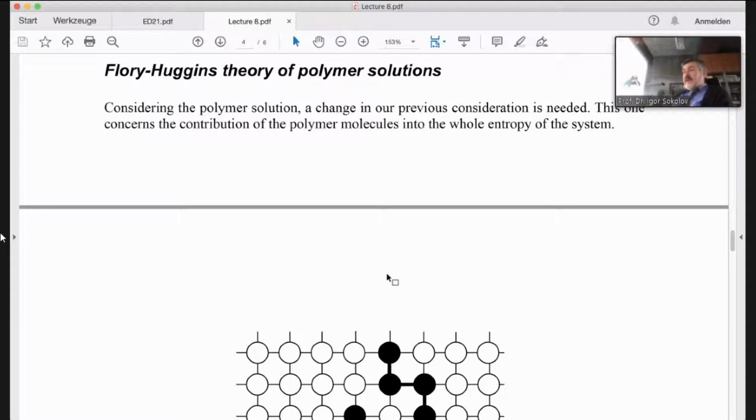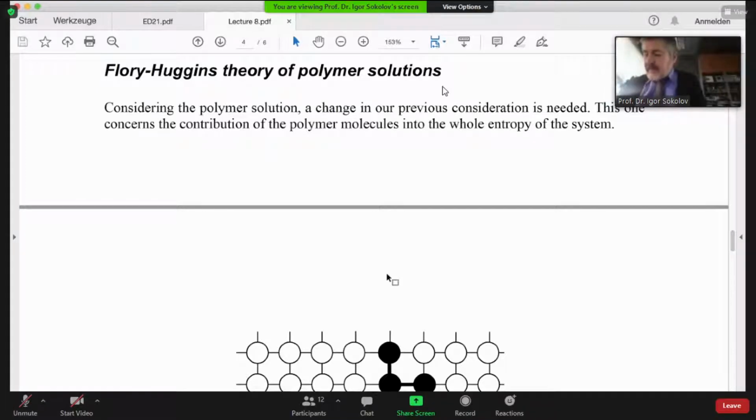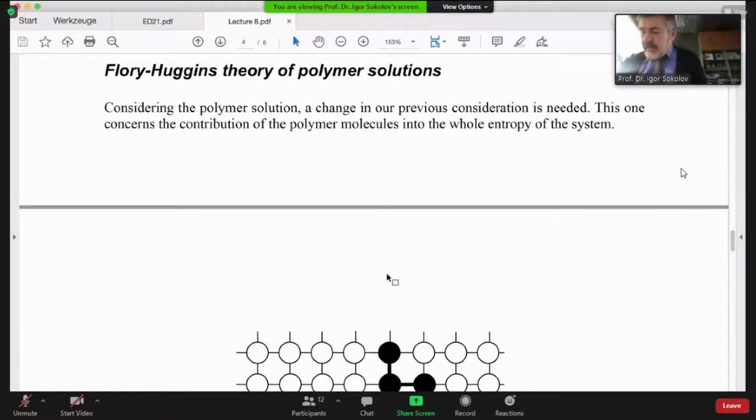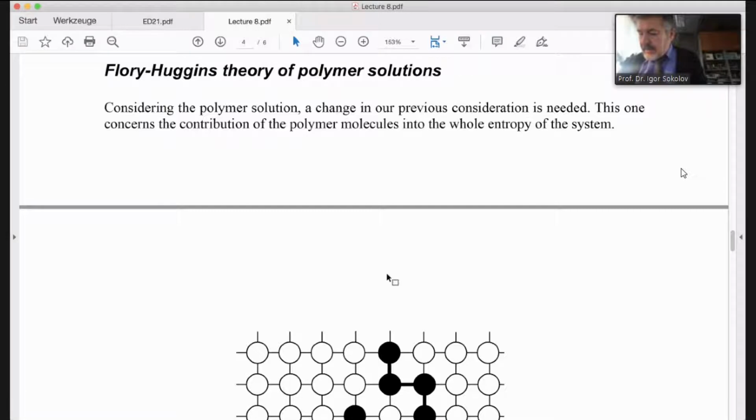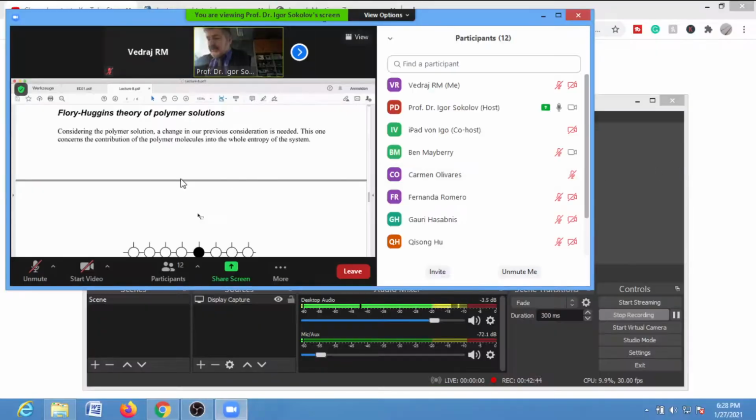So it gives a correct qualitative explanation of what happens in different regimes in polymer solution.